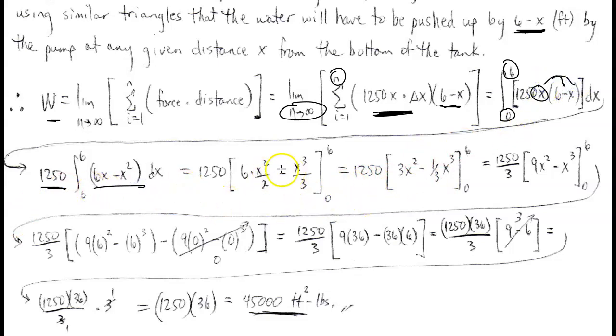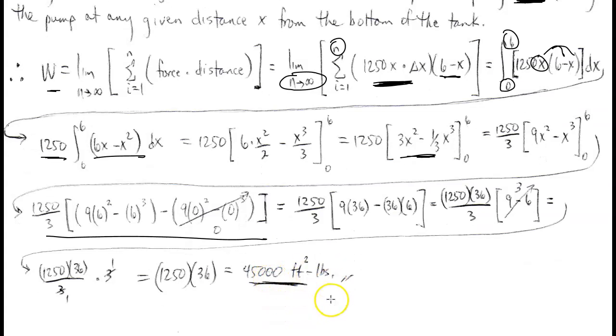You see that? Take the antiderivative of both terms, and then use the net change theorem to evaluate this portion at 6 and then at 0. So we see that happen here. And then from there, we just do the arithmetic to get our final answer, which will end up being 45,000 square foot-pounds.